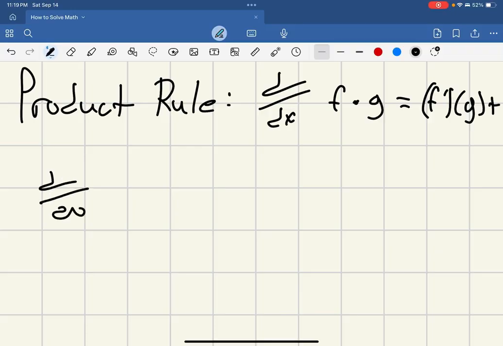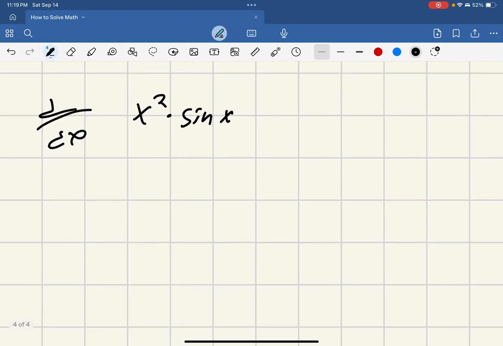d over dx of x squared times sine of x. So in order to find the derivative of this, x squared is going to be our f, and sine of x is going to be our g, or f of x, g of x.